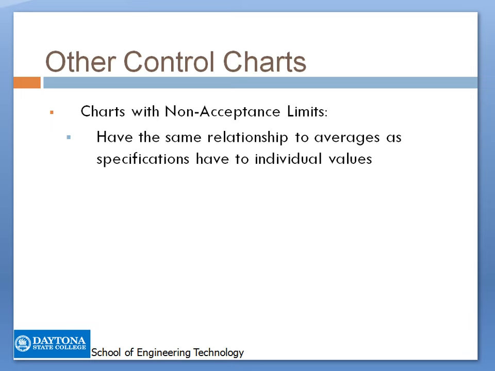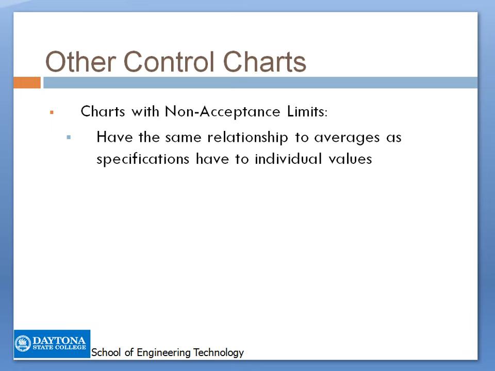The other type of chart is a chart with non-acceptance limits, and this has the same relationship to the average as the specification has to individual values. We're going to understand more about this type of chart when we go over process capability, because there I'm going to explain what a specification is, and also the relationship between the specification and the control limits.